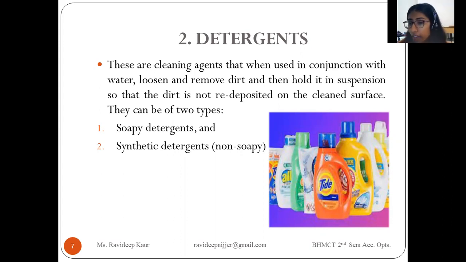So we have two types of detergents. First, soapy detergents, and the second type, synthetic detergents, which are also known as non-soapy detergents. So this is what detergents are and the two types of detergents.